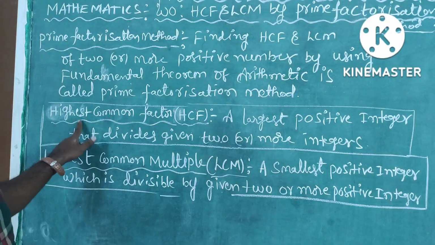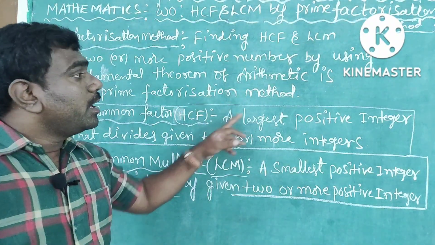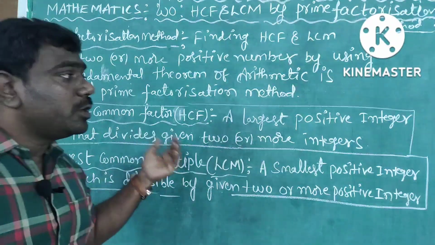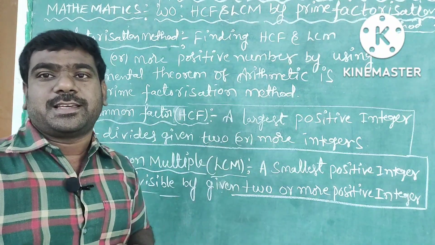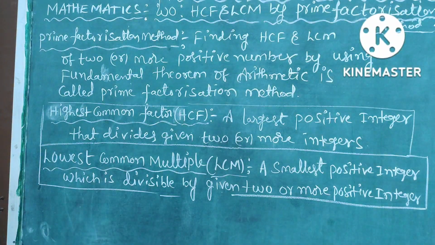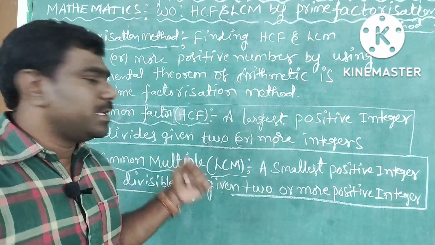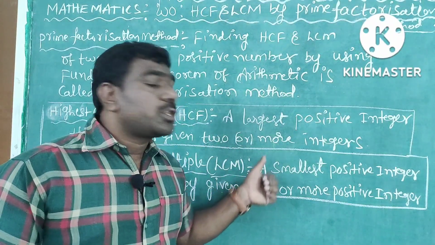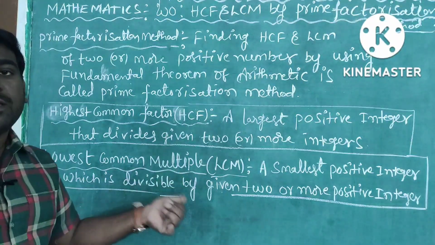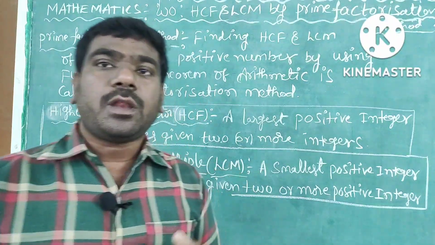Next is the highest common factor, simply HCF: the largest positive integer that divides the given two or more integers. Now LCM, lowest common multiple: the smallest positive integer which is divisible by the given two or more positive integers.